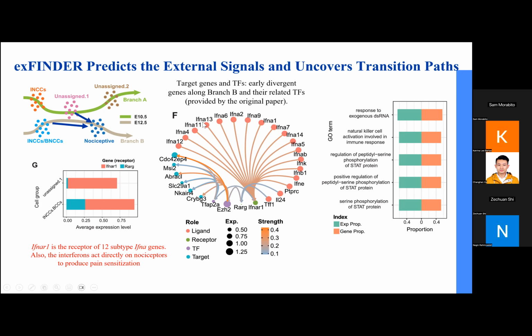This is information from a previous study, and also the interferons act directly on these cells to produce pain sensitization. So this also supports our exFINDER results, and then we can input this whole network into the GO term analysis, which provides us the top 5 GO terms.